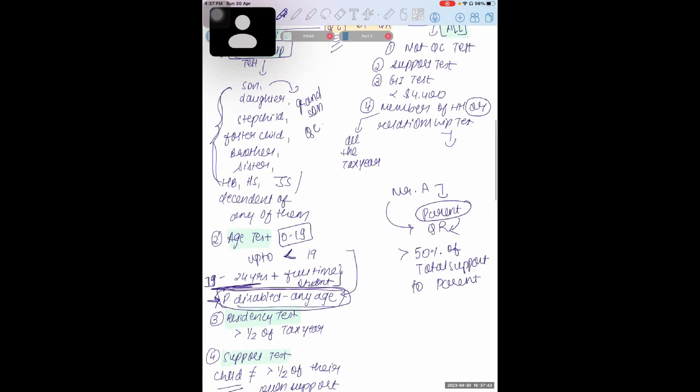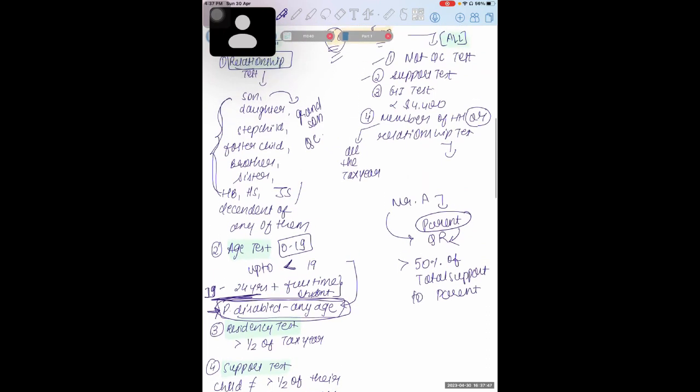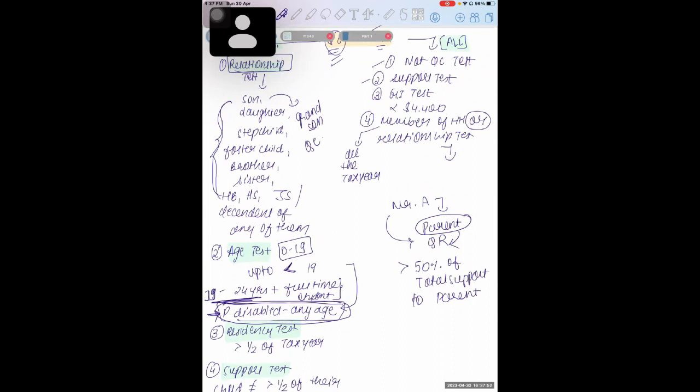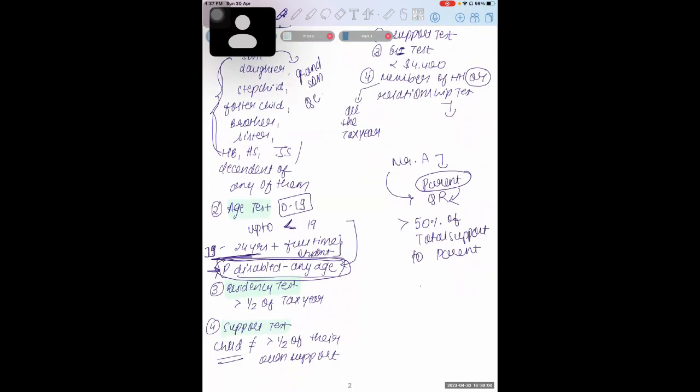I'll take one example once we complete all these 4 tests so that you will be able to understand it properly. The third one is gross income. GI means gross income, the gross income test. If the parent is earning some income, then that income should be less than $4,400.